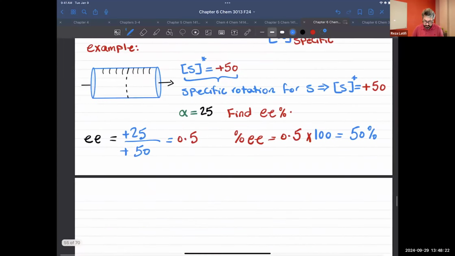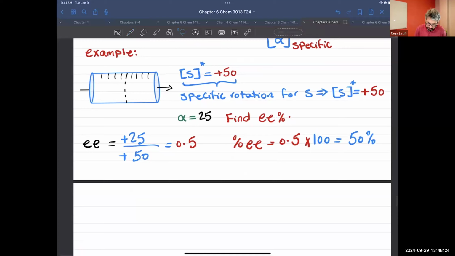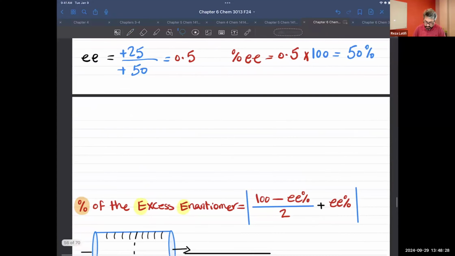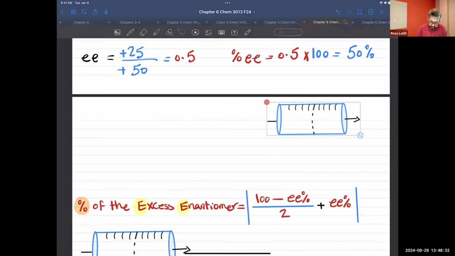Okay, again, what does it mean? Inside the solution, the percentage of enantiomeric excess we got equal to 50%. What does it mean?